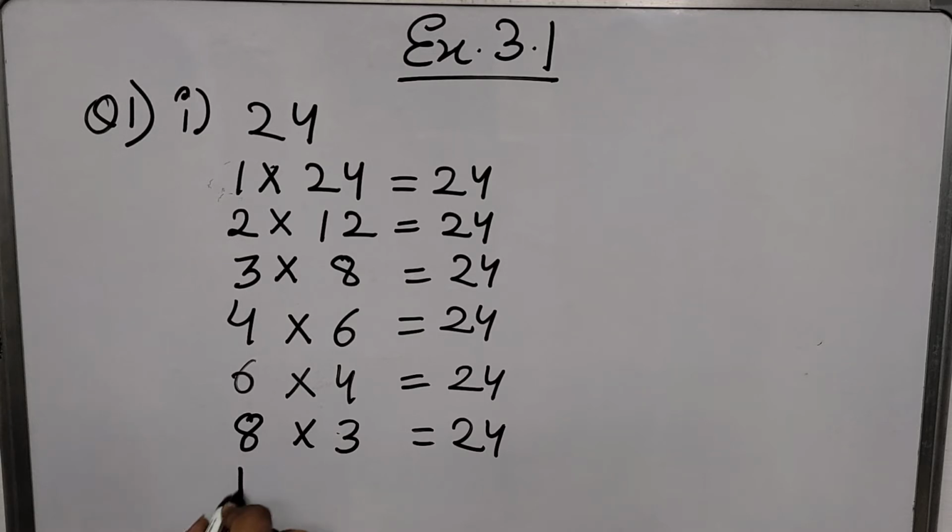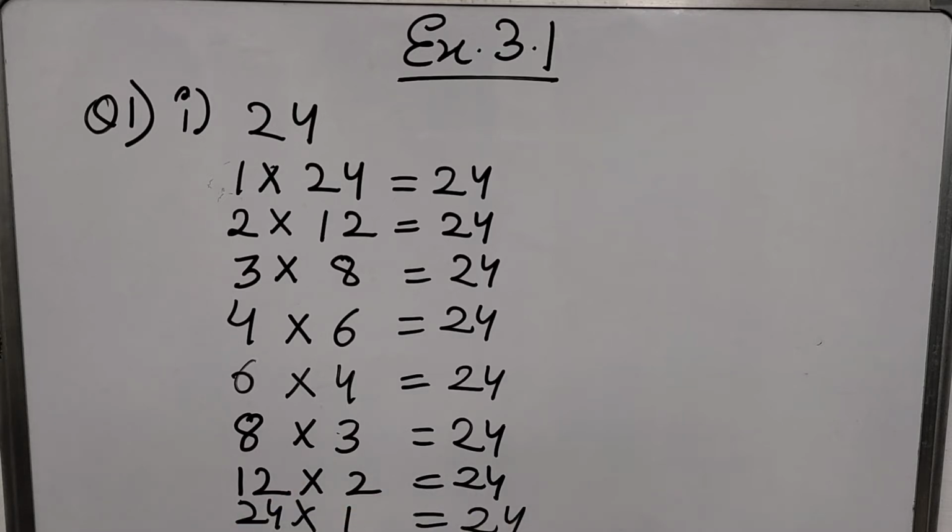After this, 12 multiplied with 2 gives us answer 24. So this 12 is the factor of 24. After 12, 24 is the only number which when multiplied with 1 gives us an answer 24.